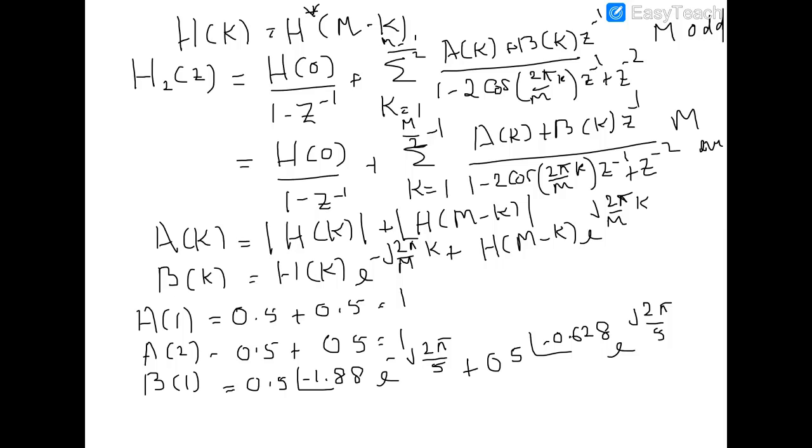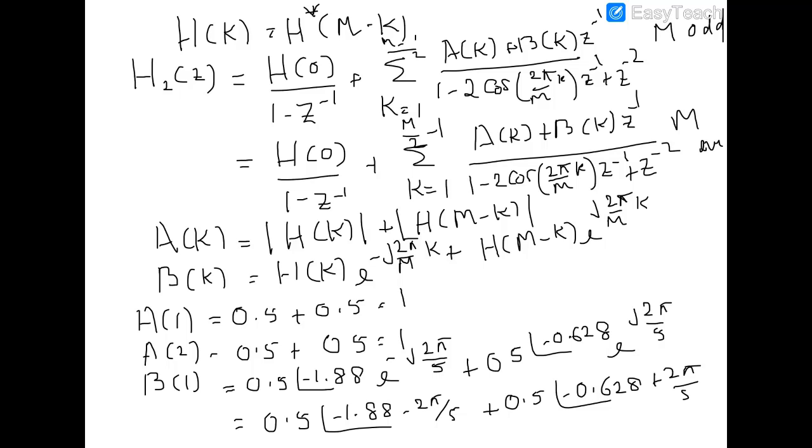You can further simplify if you want. It is 0.5 minus 1.88 angle minus 2 pi by 5 and this is 0.5 minus 0.628 angle plus 2 pi by 5.